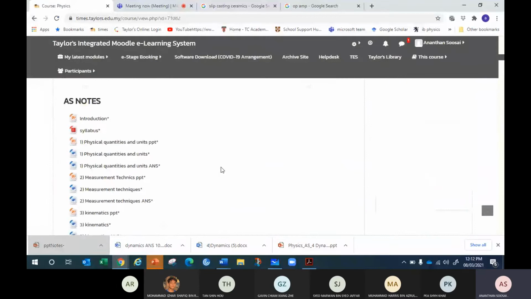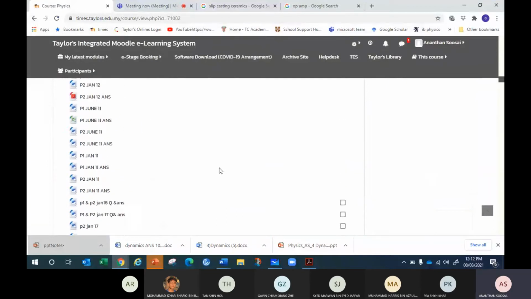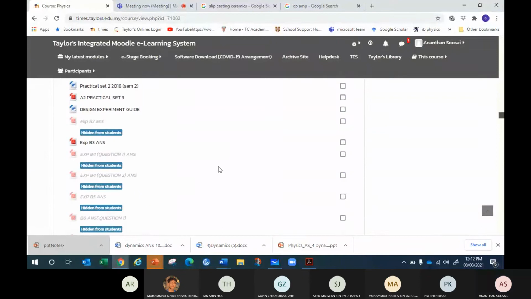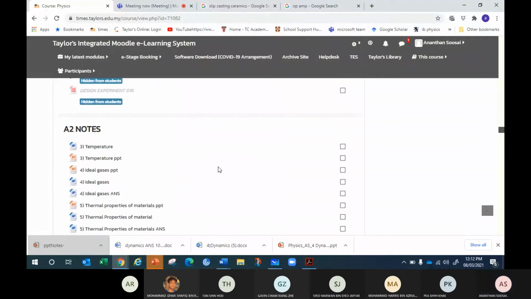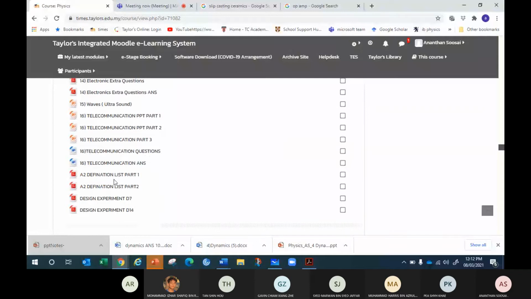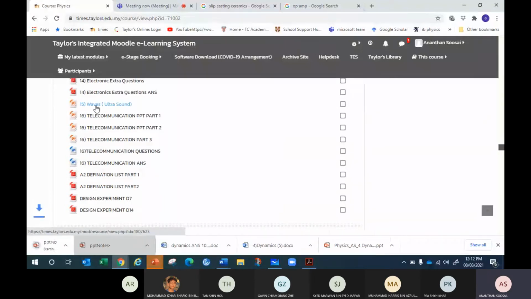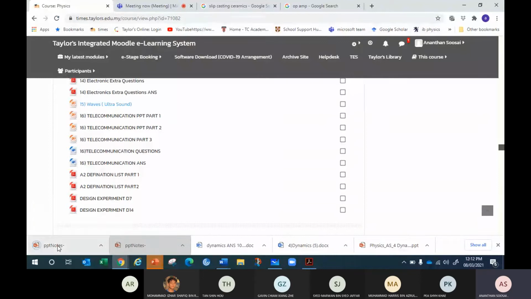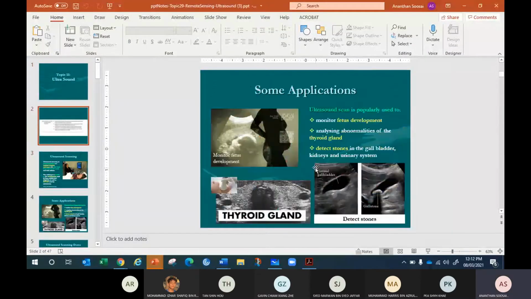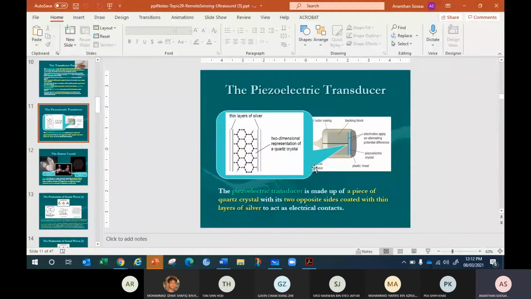It's under medical, the wave ultrasound. You open that, you can see the picture of the piezoelectric transducer. We'll be doing this topic later, but just to show you.